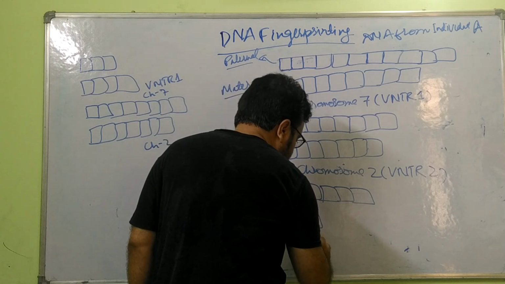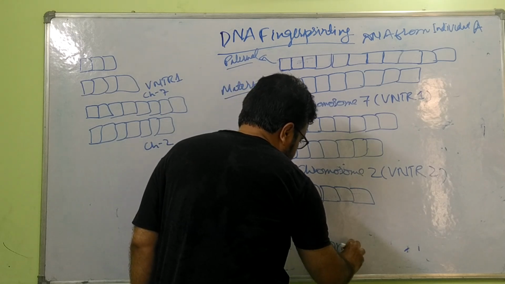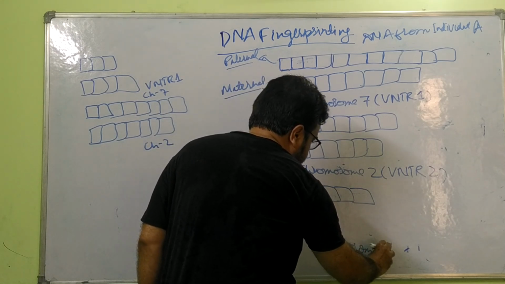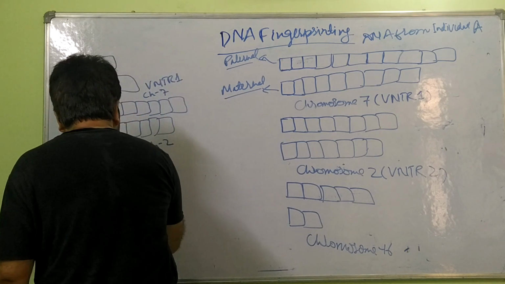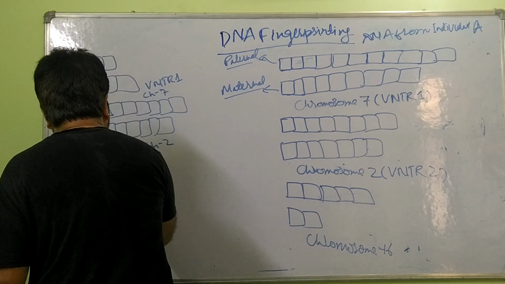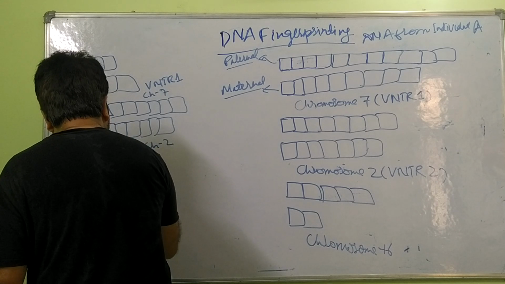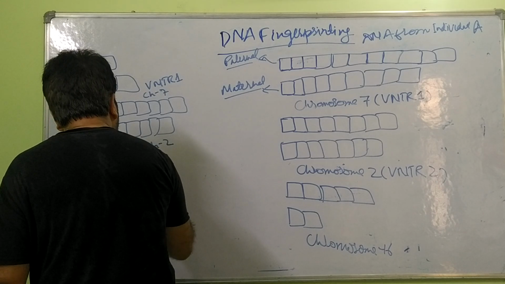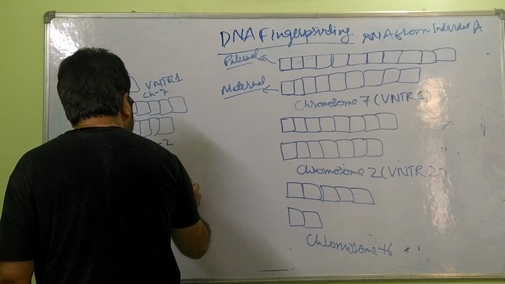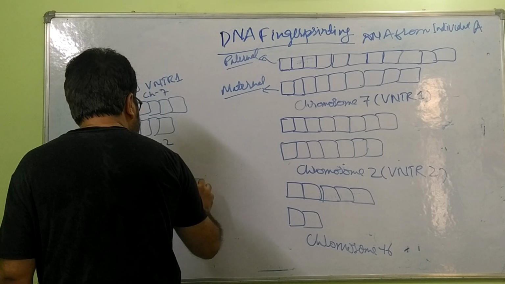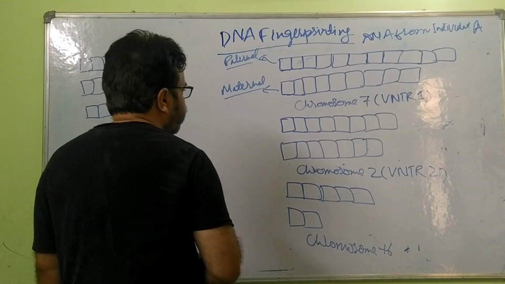This is chromosome 16. So this one is chromosome 16, that is 5 units and 10 units. 1, 2, 3, 4, 5, 6, 7, 8, 9, 10.